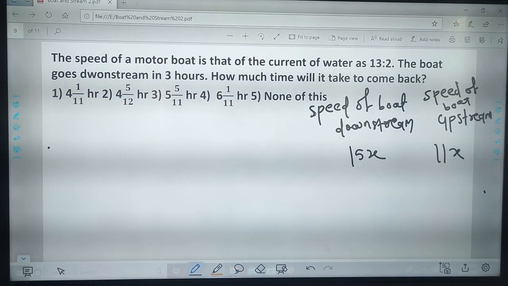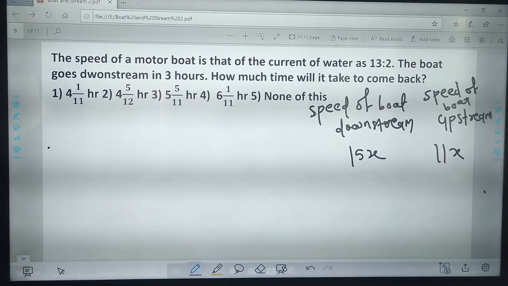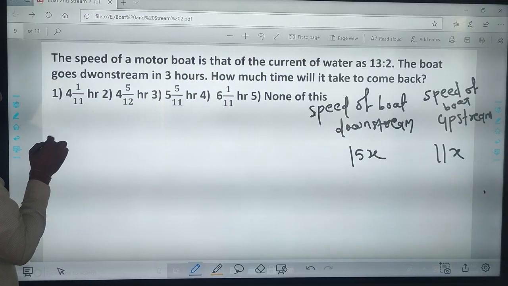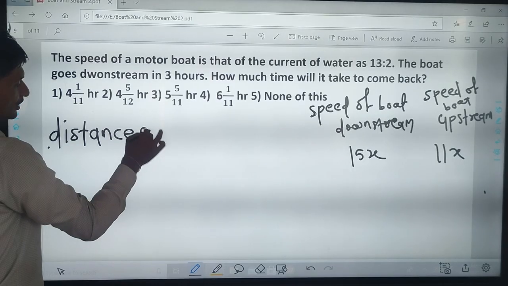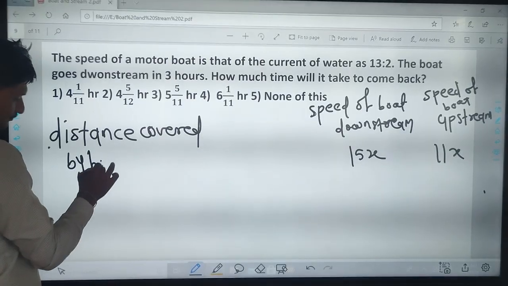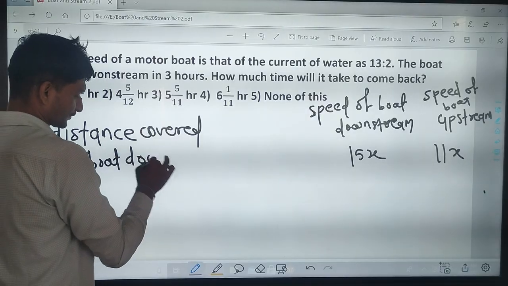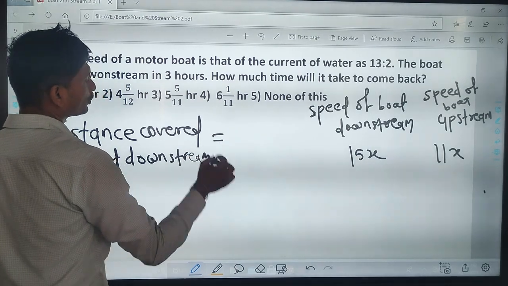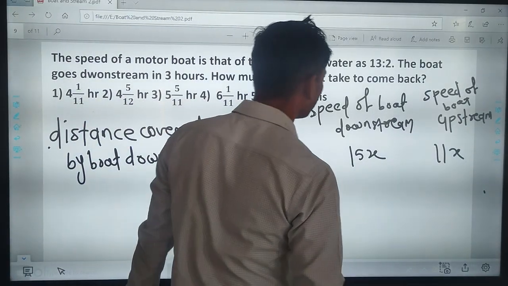Here the ratio of the speeds is given. The boat goes downstream in 3 hours. Then the distance covered by the boat downstream is equal to total hours, 3 hours, and your downstream speed is 15x.